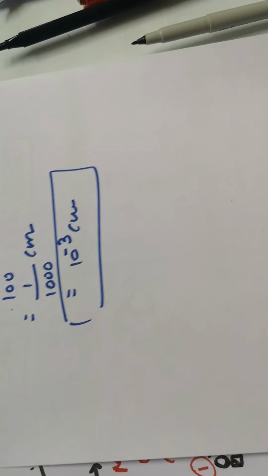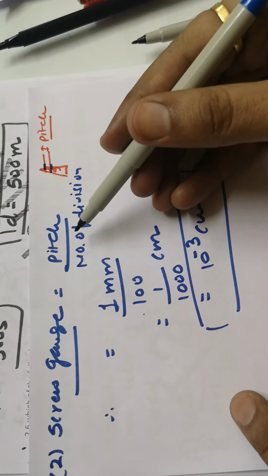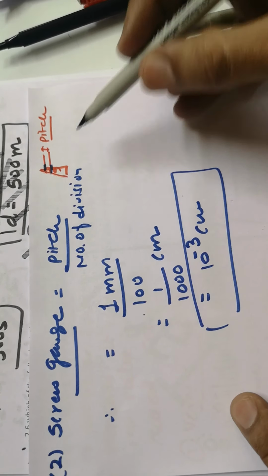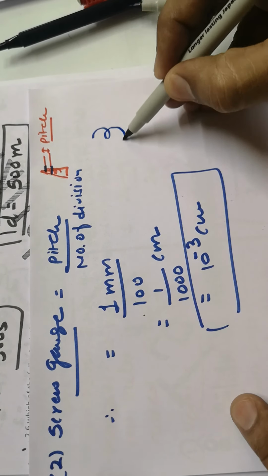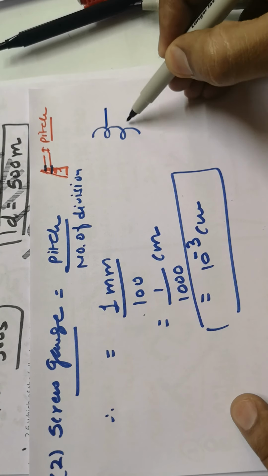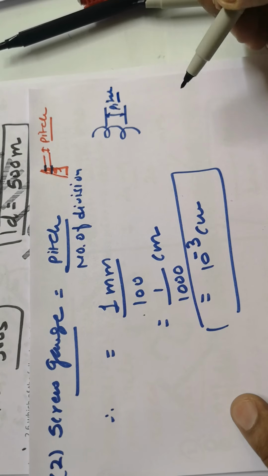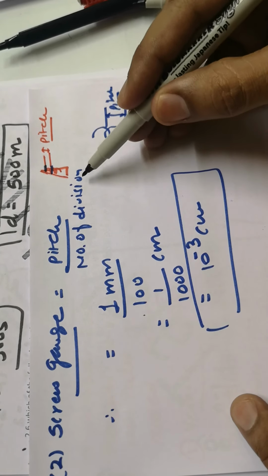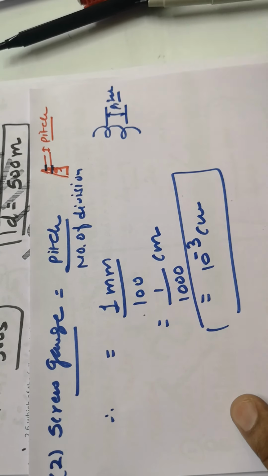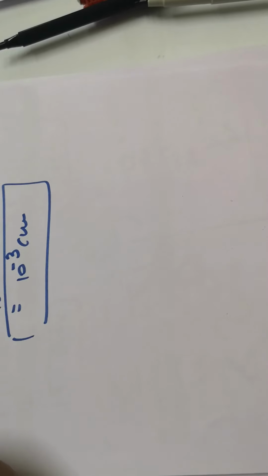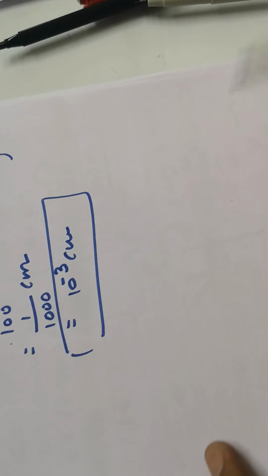Then you have a screw gauge, whose formula is: pitch is the distance between two turns. You can just say that you have a spiral. This is the first one and this is the second one. So this distance is called the pitch, divided by number of divisions. Such divisions are there. So you will learn about this instrument in lab as well. There are a number of screw gauges which have different capabilities.